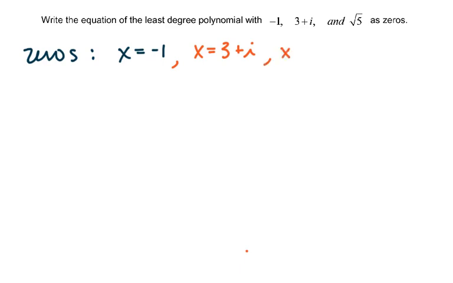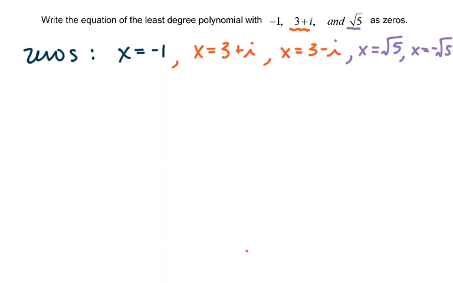So that means I also have x equals 3 minus i. Okay, so complex numbers occur in conjugate pairs as well as irrational numbers. So since I have positive square root of 5, I also have x equals negative square root of 5. So I have 5 zeros.